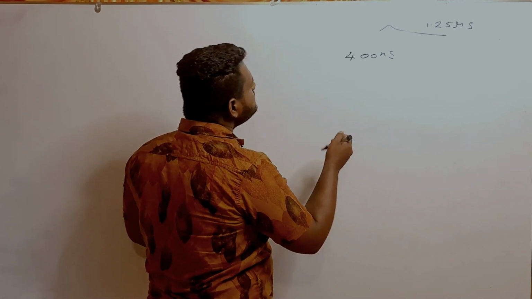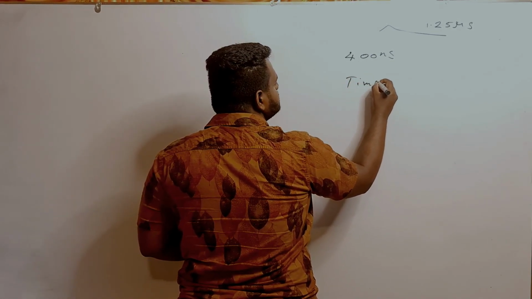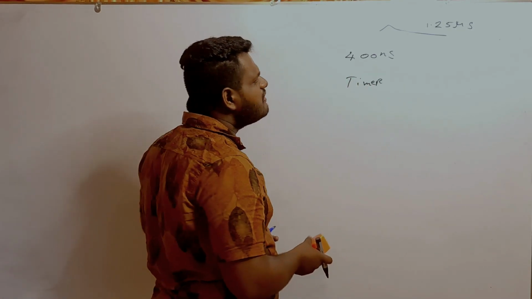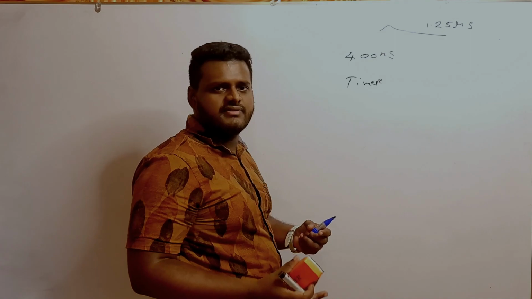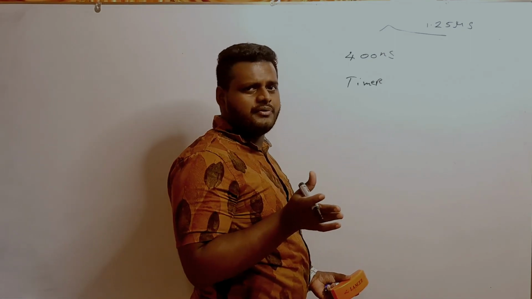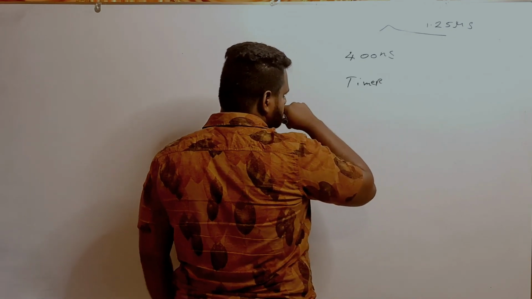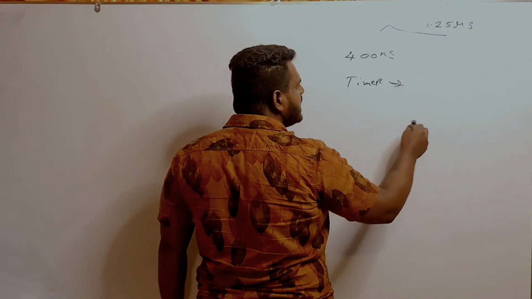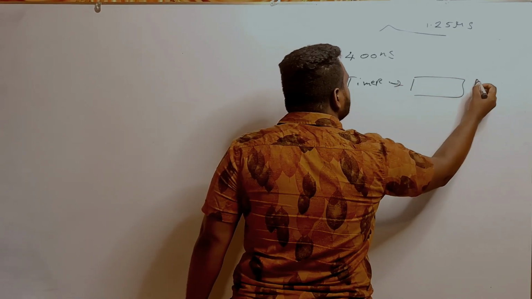One of the best methods is using a timer. Most microcontrollers have 2-3 types of built-in timers, at least one. So considering that timer, we can load it and count down.